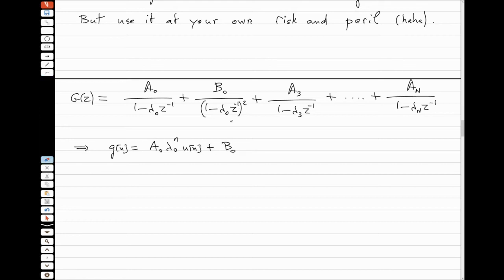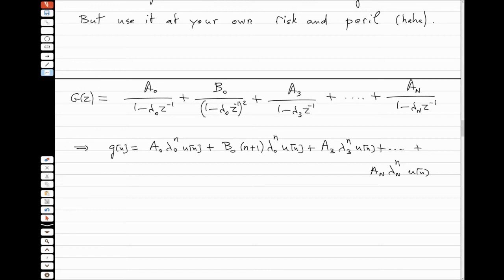So now this one, you know what is the inverse Z transform of this? n plus 1, lambda naught to the power n, u of n, plus A3 lambda 3 to the power n, u of n, plus AN lambda n to the power n, u of n. And you are done with case 2.